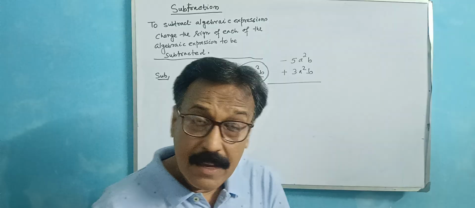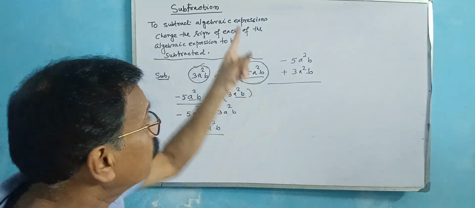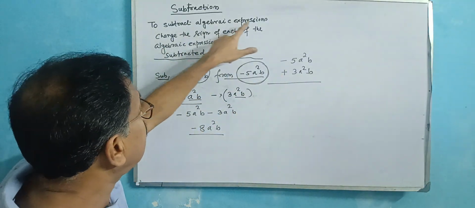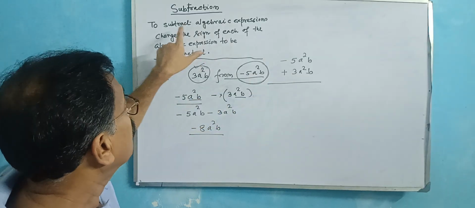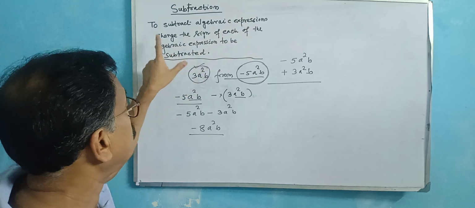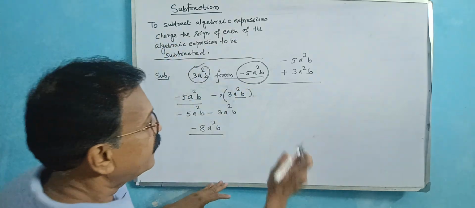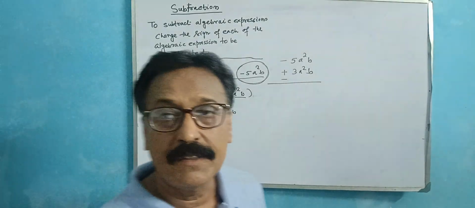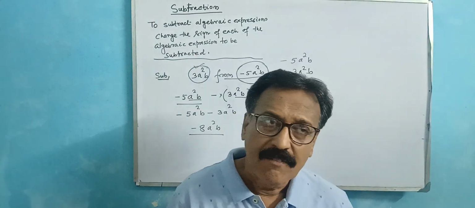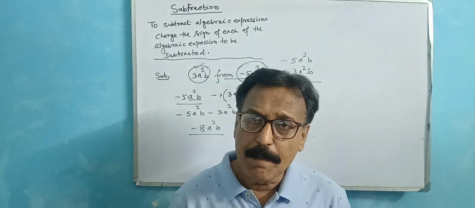Okay, clear? In the column process, the rule is to subtract the algebraic expression, this will be subtracted from this. To subtract the algebraic expression, change the sign first. Here the sign is plus, you just change this. This is very important. Relax, don't panic.